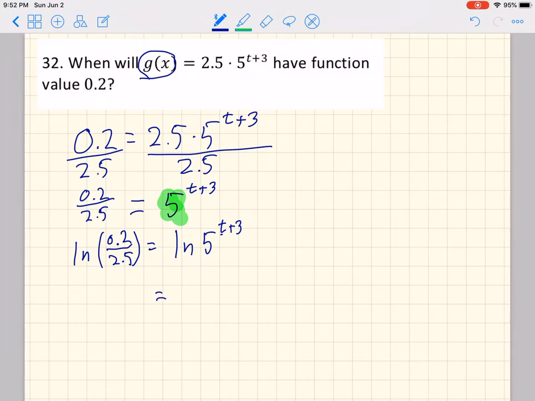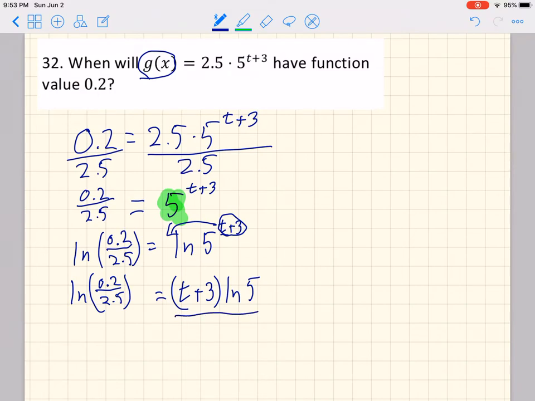That means we can bring this t plus 3 out in front. So the natural log of 0.2 over 2.5 is going to be equal to t plus 3 times the natural log of 5. I'll now divide both sides by the natural log of 5.